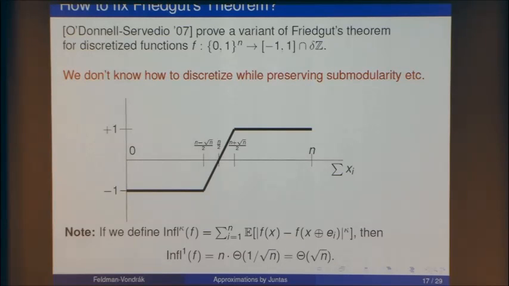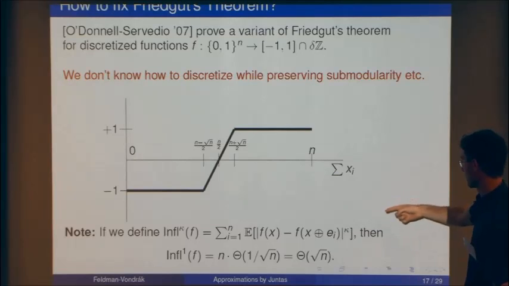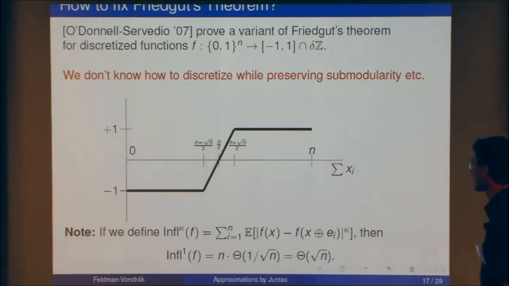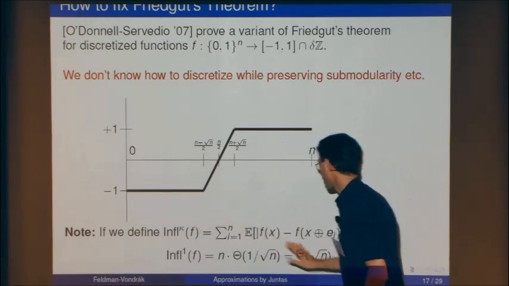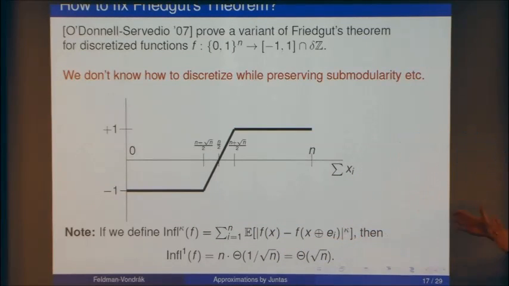But before I get to that, let me call these degree kappa influences. Let's just remember this: the degree kappa influences are the expectations of absolute differences raised to the power of kappa.